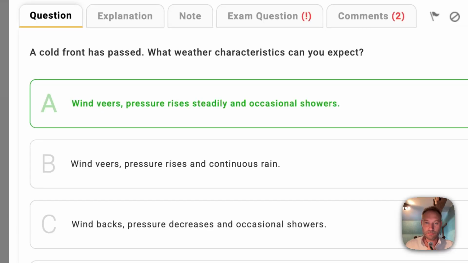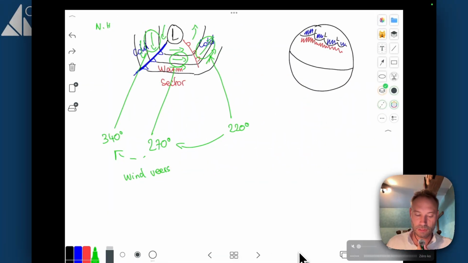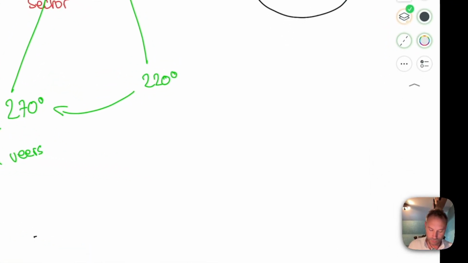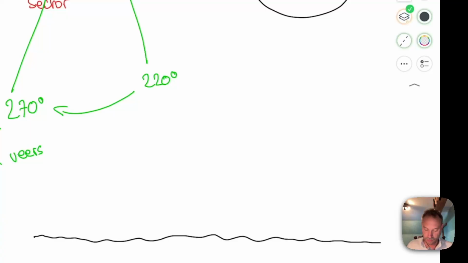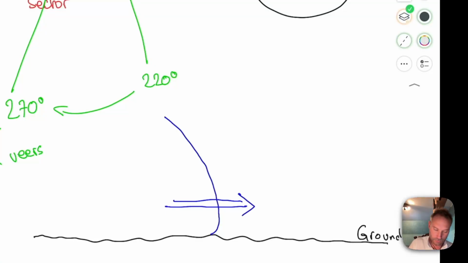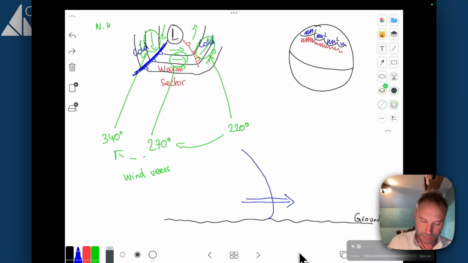Because very simply, when we consider a cold front, if I draw the vertical situation, sorry, the side view of the situation, so this is the ground, like that, and we have a cold front that is arriving, that is pushing in that direction. Okay, so this is literally that part here, that is the front at the surface, like that.